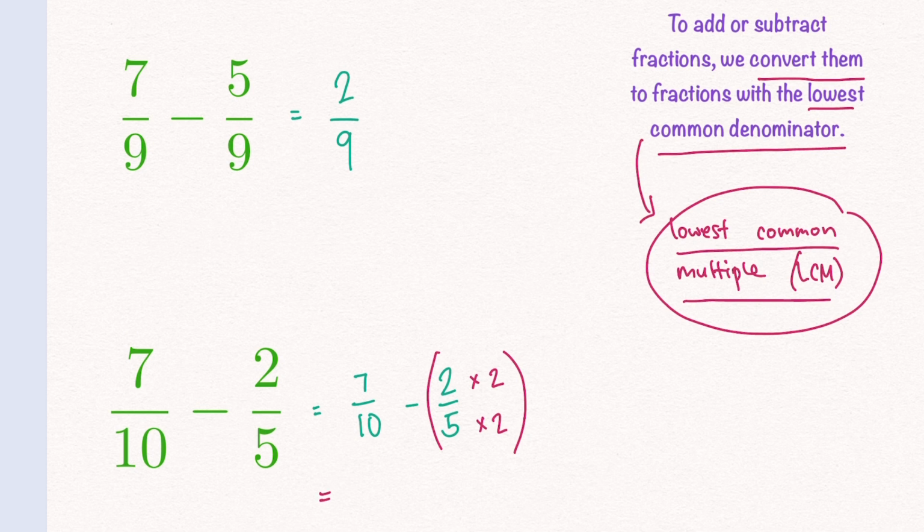And now 7 over 10 stays the same, and 2 times 2, 5 times 2, become 4 over 10. They now have denominators of 10 and 10, so we are good to subtract. 7 minus 4 for the numerator is 3, and the denominator of 10 stays the same, and so the answer is 3 over 10.